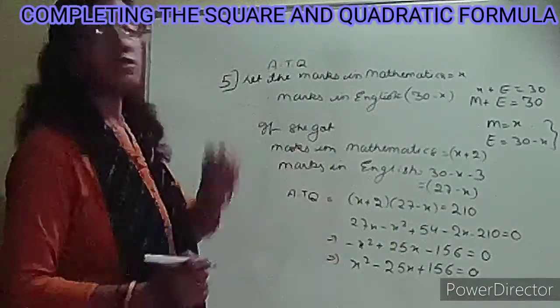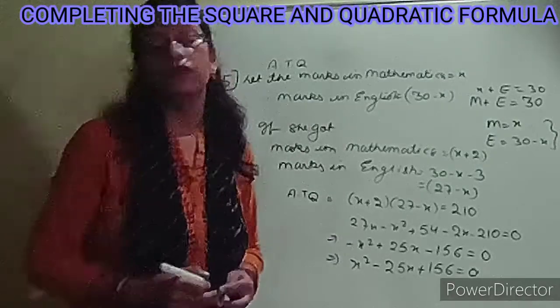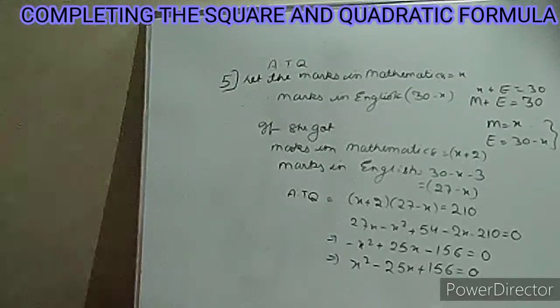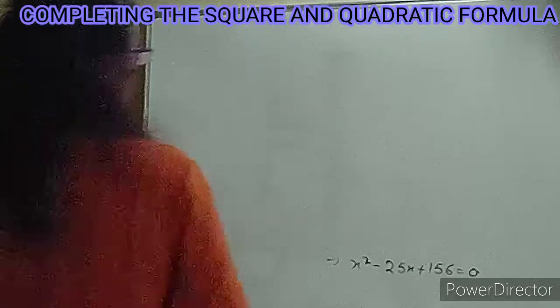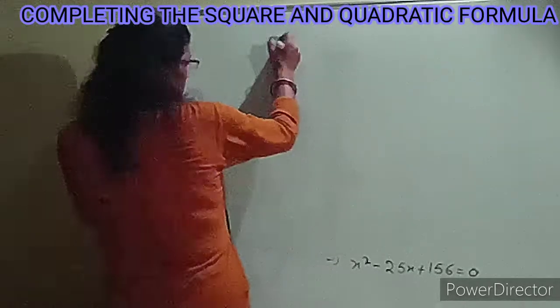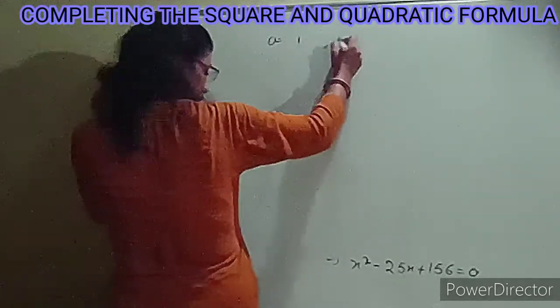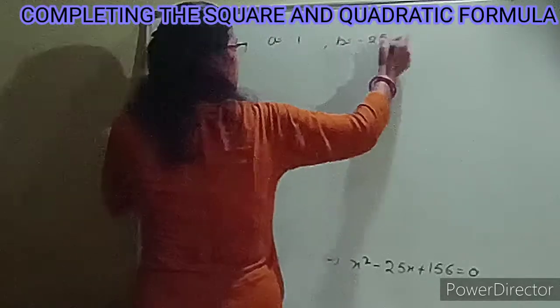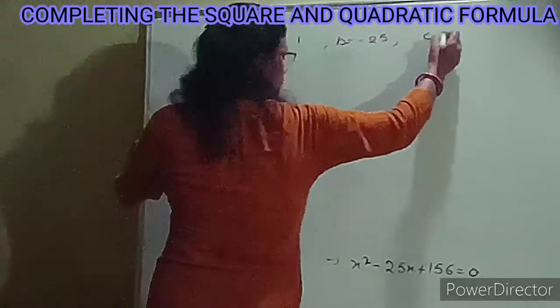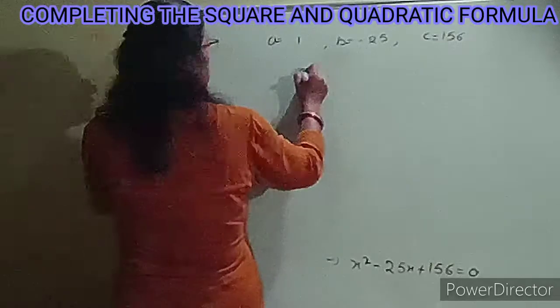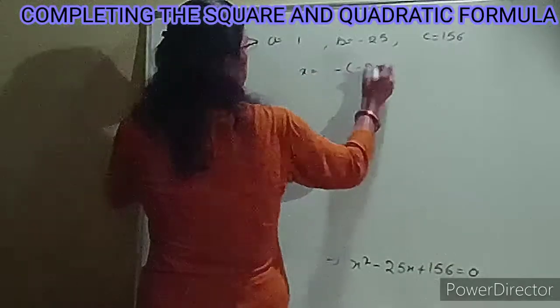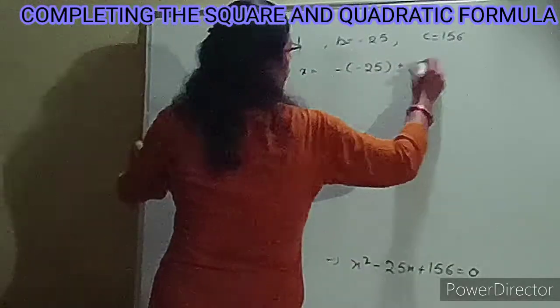Okay. Now I am solving this equation by quadratic formula. Okay. Let us start the quadratic formula. So let us find this. What is a here? 1. B is minus 25 and C is 156. So x is equal to minus b plus minus root of b square.